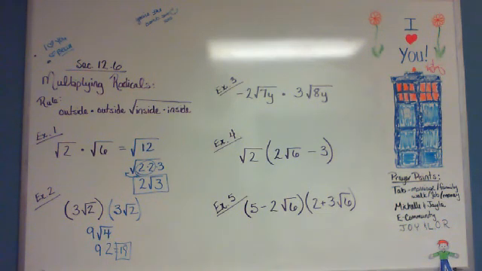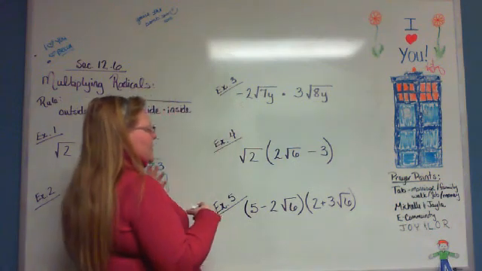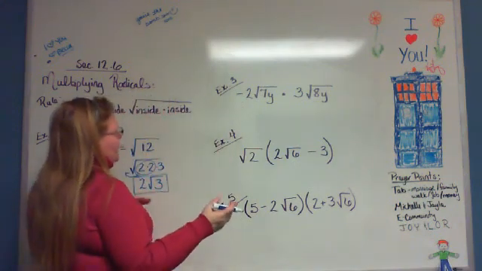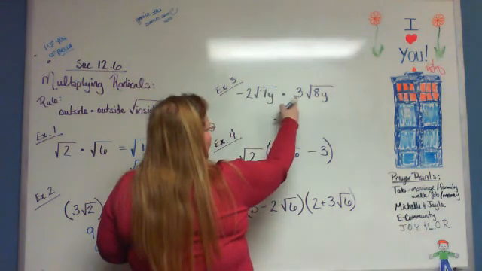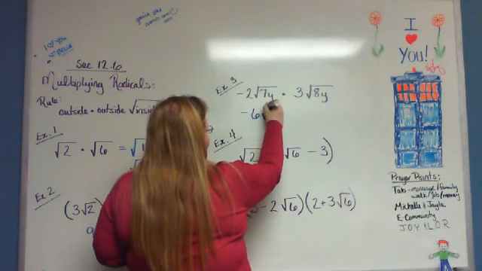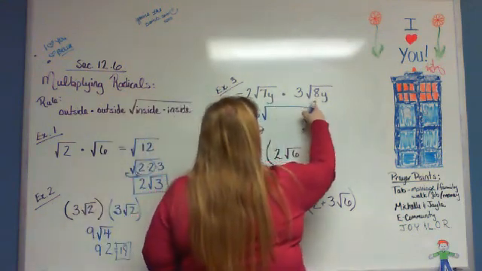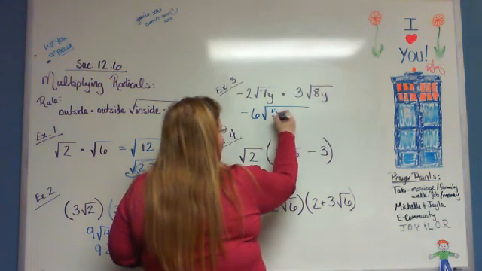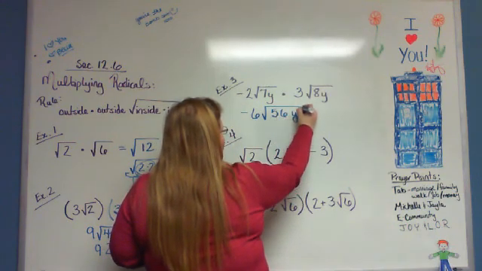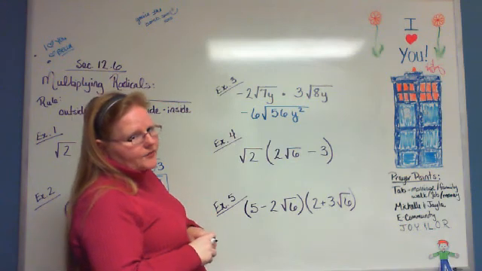It's not hard yet. Up here for this one, outside times outside, inside times inside. Negative 2 times 3 is negative 6. Then under my square root, 7y times 8y is 56 y squared. Can we simplify 56?